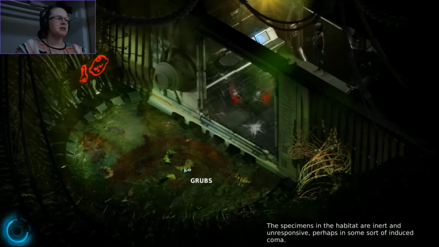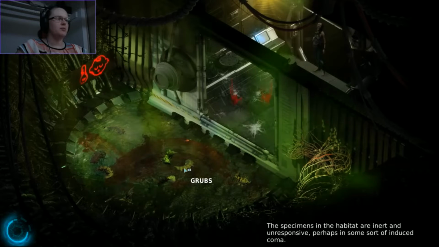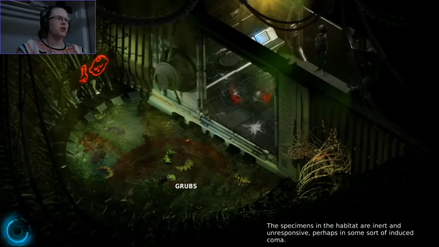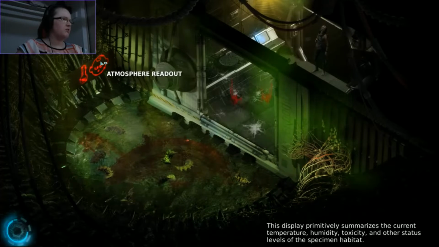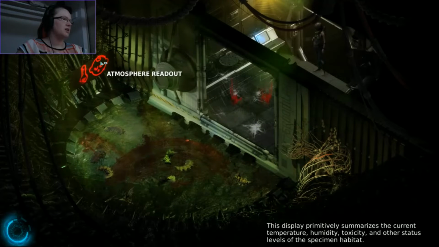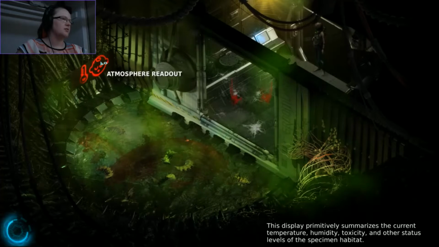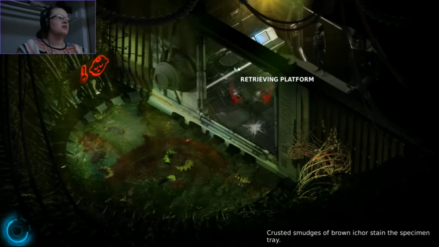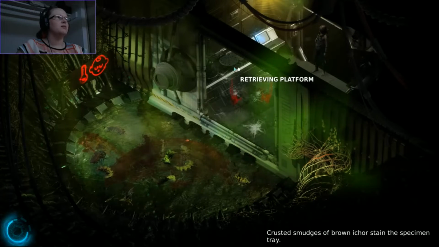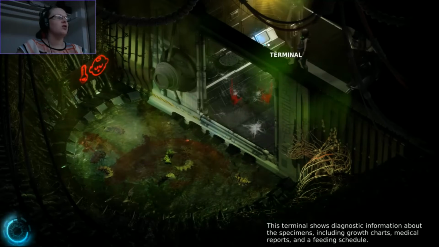The specimens in the habitat are inert and unresponsive, perhaps in some sort of induced coma. Displays primitively summarize the current temperature, humidity, toxicity, and other status levels in specimen habitat. Crusted smudges of brown ichor stain the specimen tray. Gross. Let's check this terminal.